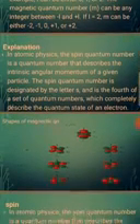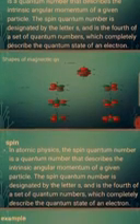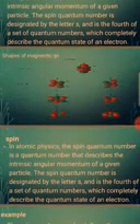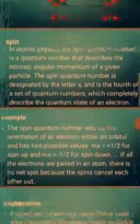In atomic physics, the spin quantum number is a quantum number that describes the intrinsic angular momentum of a given particle. The spin quantum number is designated by the letter S and is the fourth of a set of quantum numbers which completely describe the quantum state of an electron. For example, we can see in this figure the shapes of magnetic quantum numbers.